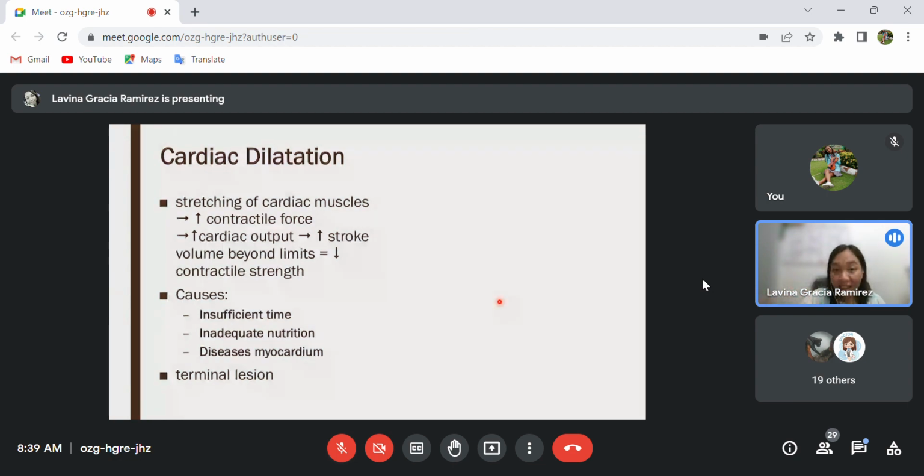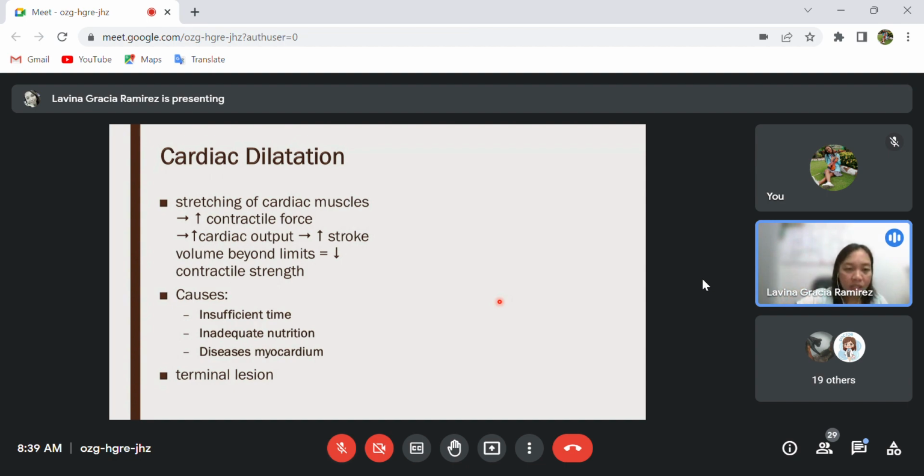Unless mawala yung exposure from that inciting stimuli. Since compensatory, pag nawala yung inciting stimuli, pwede siyang bumalik dahan-dahan or gradually dun sa kanyang standard. Mag-set na naman siya ng next or other level of homeostasis.